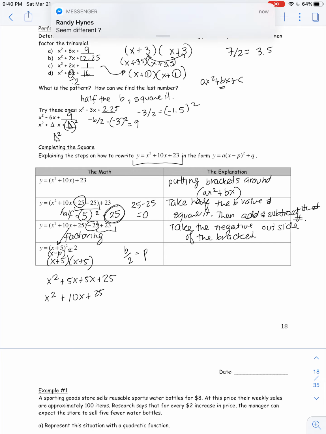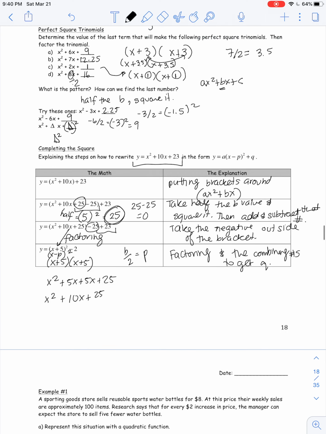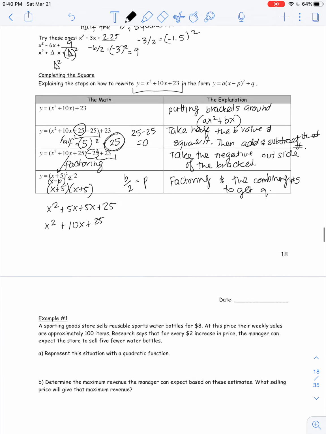Okay, so we are factoring and then combining numbers to get q. Okay, so that's kind of the gist of it. That's what we're going to be trying to do to get from standard form to vertex form.